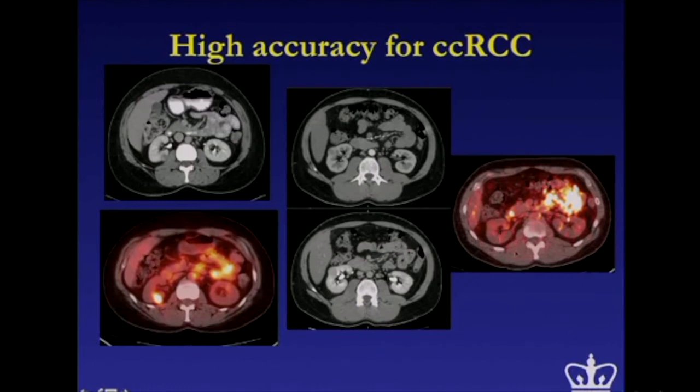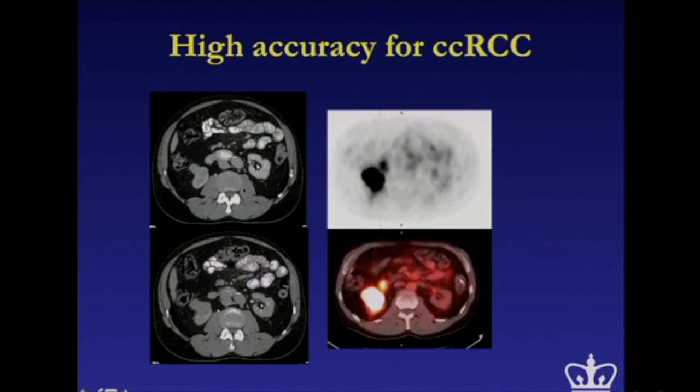So the antibody provided greater specificity than did the CT. And there were also instances where the CT quantitative criteria did not quite meet the requirements we had for clear cell, but the antibody then actually won out.